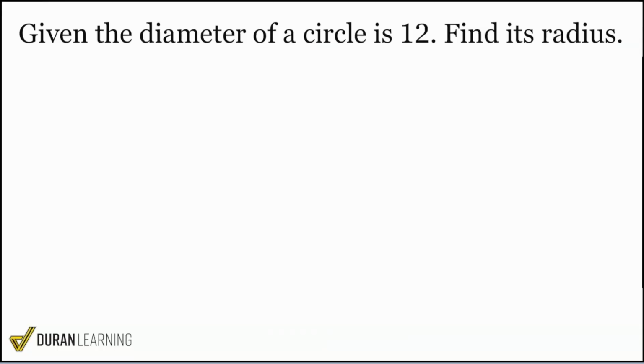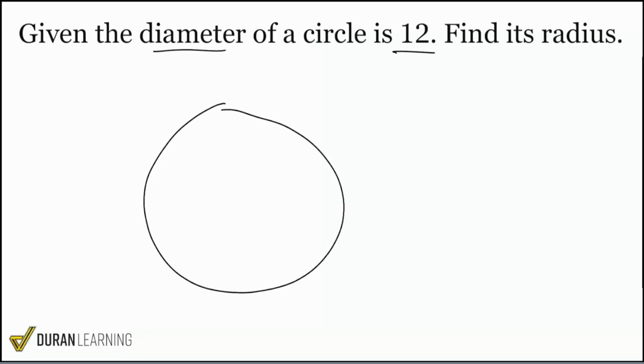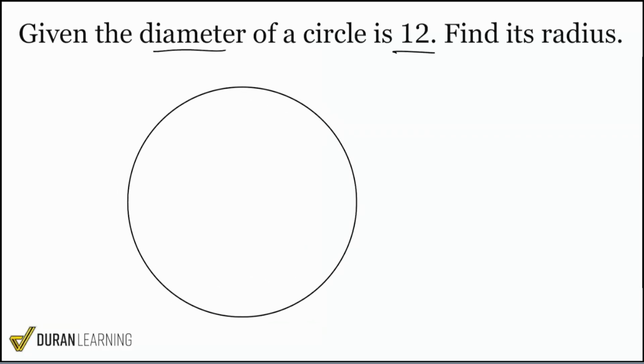So given the diameter of the circle is 12. Okay, let's draw the circle. There we go. And let's draw the diameter here from edge to edge, because that's what the diameter is. From one edge all the way to the other, just like that. And they said the diameter is 12. Remember, everybody, the radius is half of the diameter.